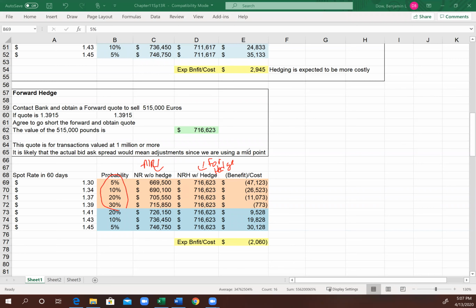And you can see the forward hedge is a lot better than the money market hedge, because the forward hedge says we're better off 65% of the time. We're better off hedging.